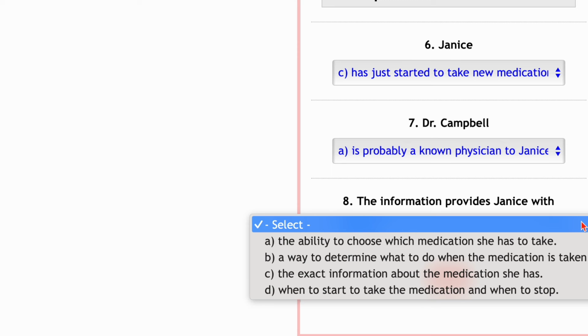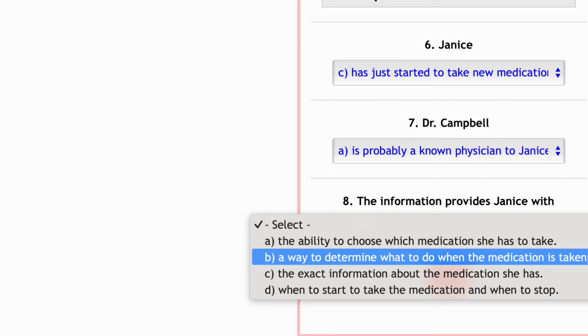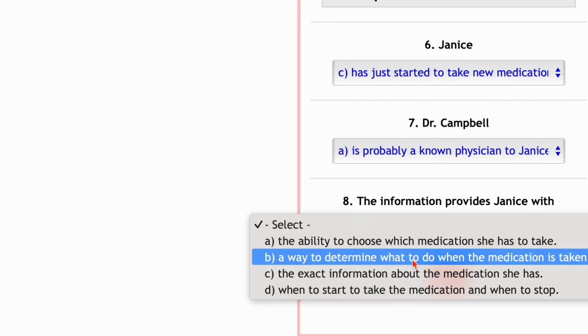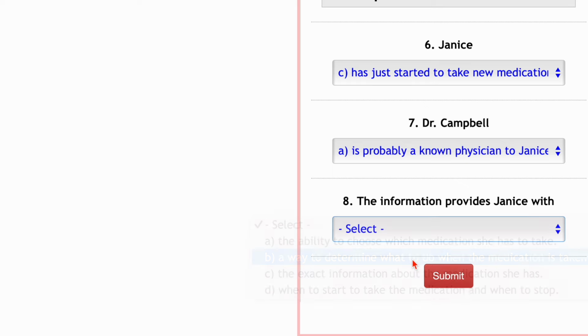So looks like the answer is B. Now, it's not C because it's not the exact information about the medication. It's not telling us the exact information. Now, a way to determine or to find out or to understand or discover what to do when the medication is taken.